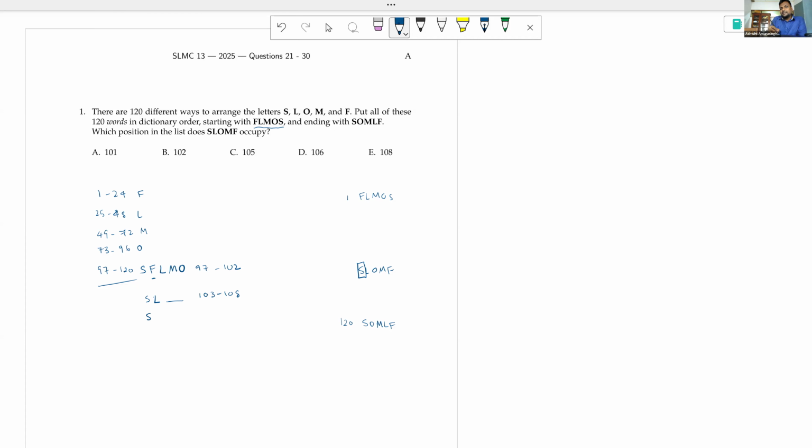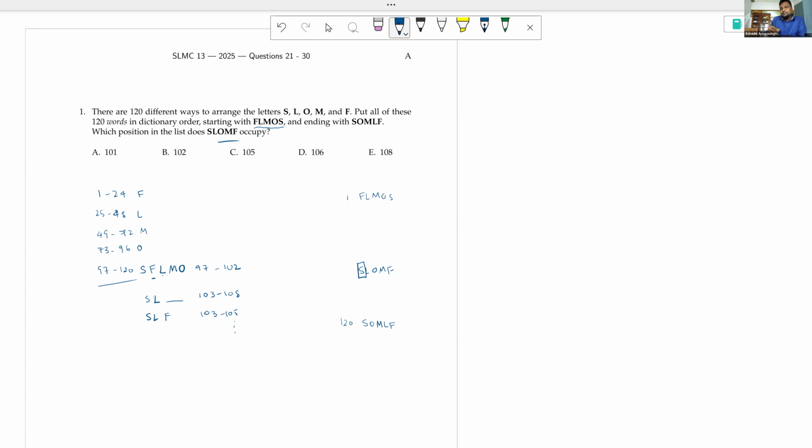And then you have SL, and then the third letter. This would be 103 to 105 and so on. You can just keep writing. I think at this point it's immediate.